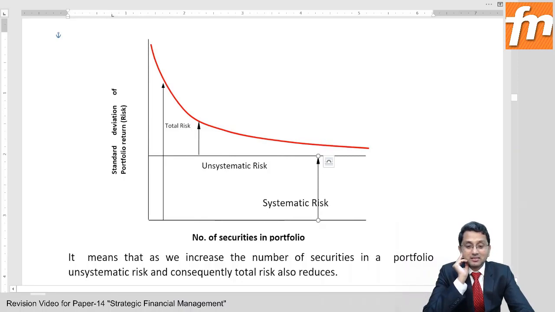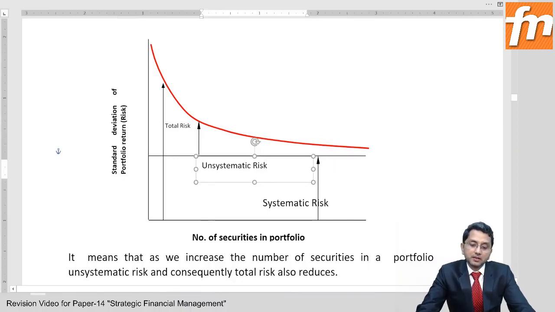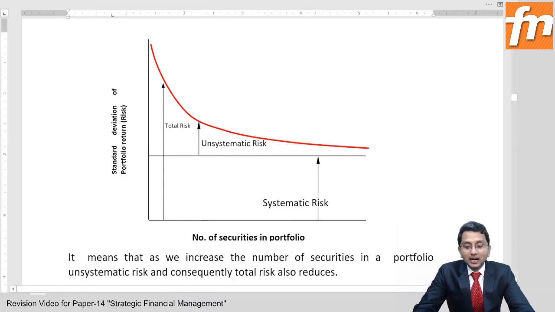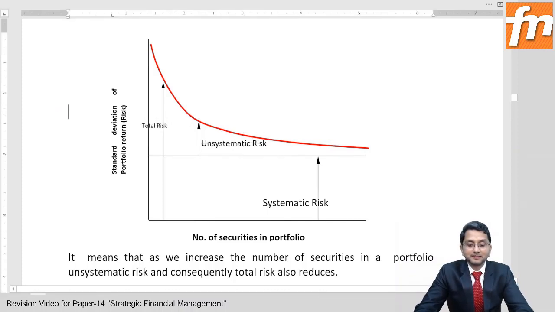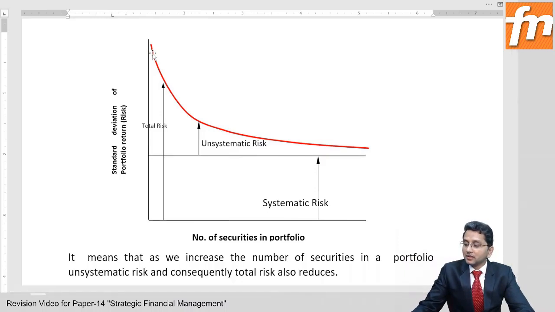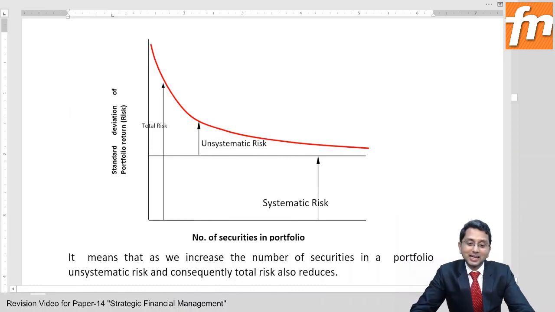And over and above this one is the unsystematic risk. And see, by increasing various types of securities in your portfolio, this unsystematic risk can be reduced or even eliminated.